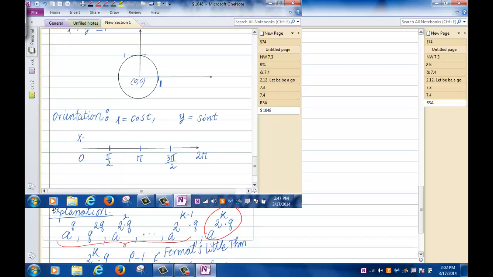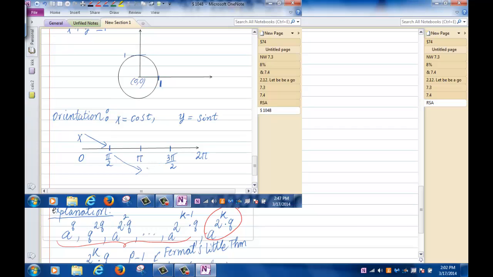X is the graph of cosine, right? So think about the graph of cosine. Cosine at 0 is what? 1. At pi over 2 it's 0, right? So it's decreasing, right? X is decreasing up to pi over 2. And then what's happening? No? It's still decreasing up to this point, right?